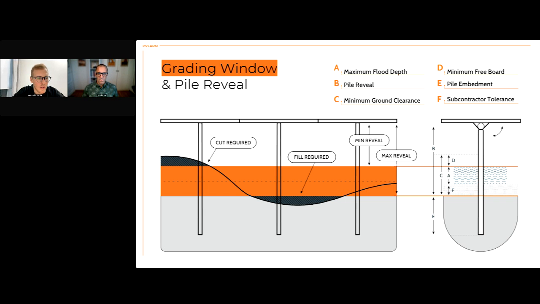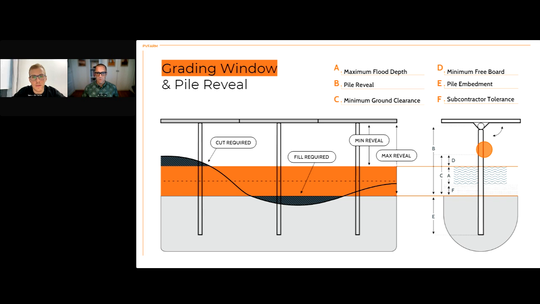And the grading window is a generic term. It's how much we are going to allow the terrain to continue to undulate throughout the site, and the grading window itself, along with some of these reveals and minimum requirements. There can be a lot of different factors that go into that. We see an example here, and this is just an example.